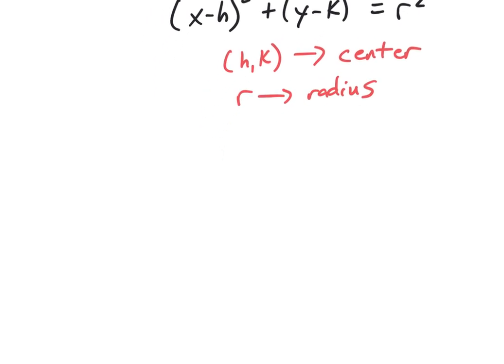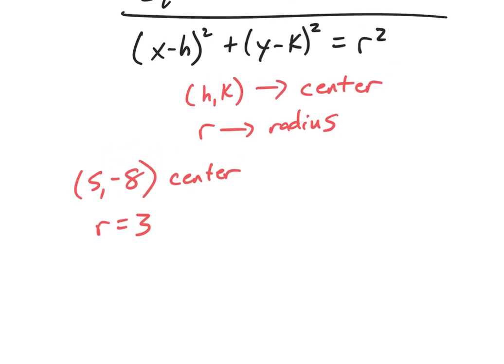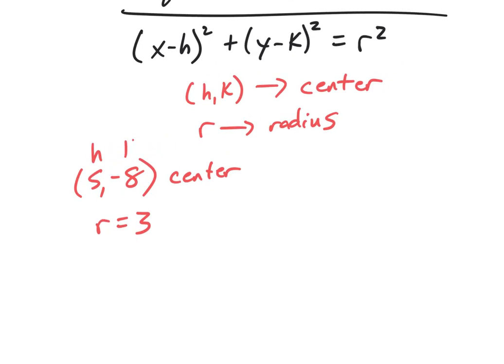If I gave you 5, -8, and said this is my center, and said that we have a radius of 3, this is my h, this is my k, and my r value is 3.